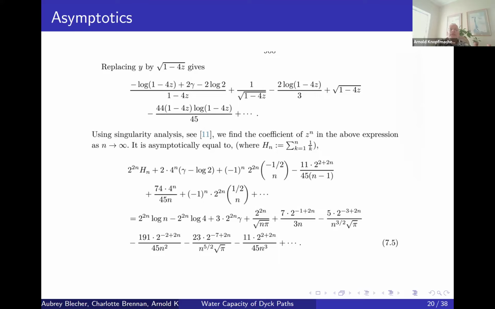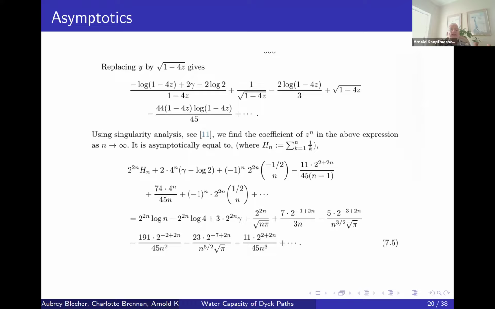So the final step is to use what's called singularity analysis, which enables us to find the coefficient of z to the n in each of those terms one by one. And what we get is what's written in the middle line of this page.